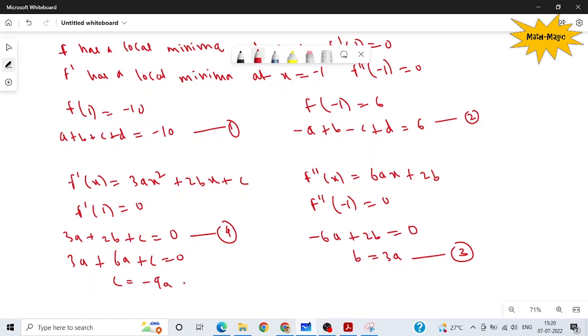Now we have the value of c in terms of a and the value of b in terms of a. So now we can substitute this in equation 1 and equation 2. We are going to get two linear equations in the variables a and d. Then we can solve simultaneously to get the values of a and d. Once we get a and d, we can substitute in equations 3 and 4 to get the values of b and c respectively. Okay, so that's the plan.